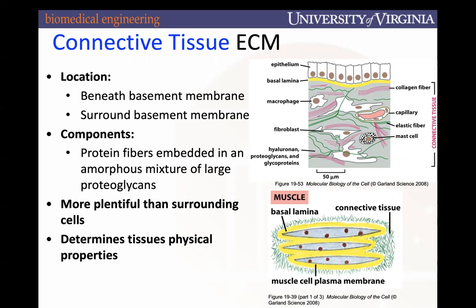And so typically, the components of our connective tissue ECM are protein fibers that are within a large gelatinous structure of proteoglycans. And again, the ratio is more ECM than cells. And this is a key feature that determines our tissue's physical properties, how stiff it is, how pliable it is, how rigid it is.